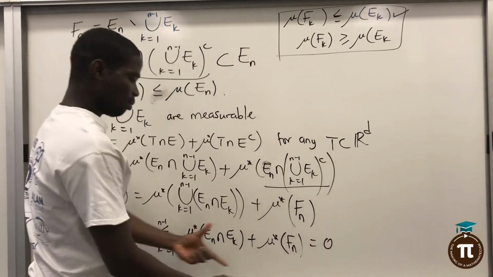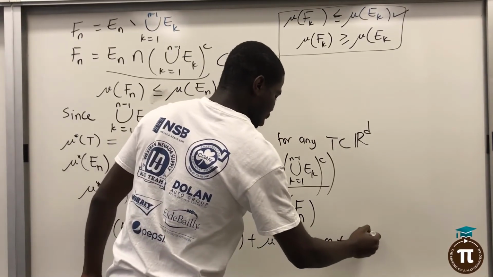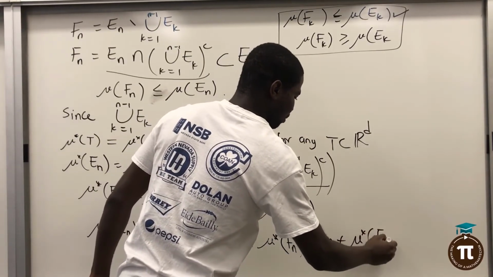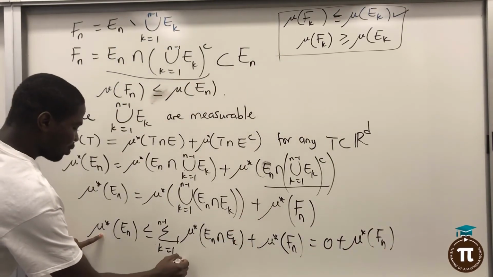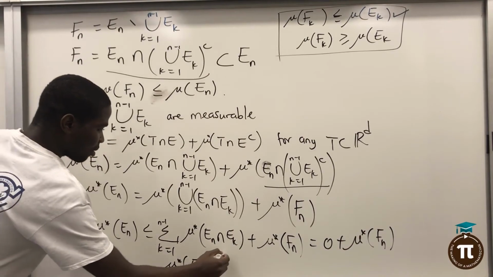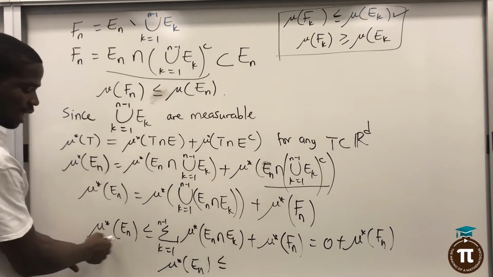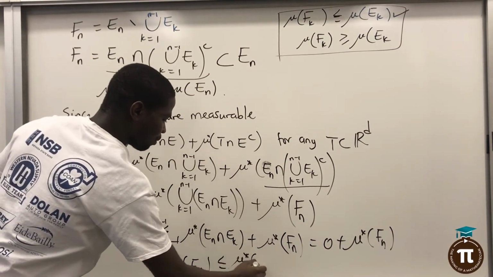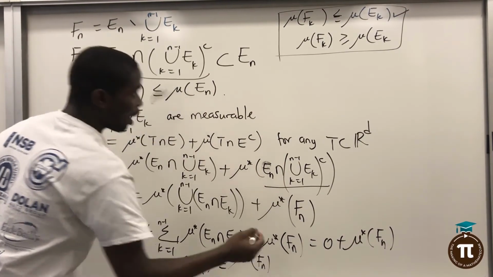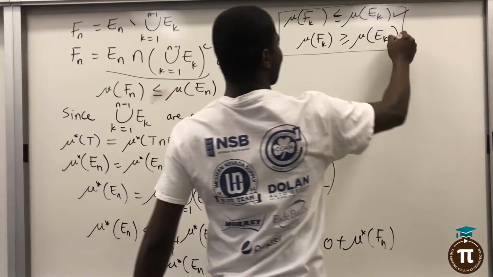So this will be 0 plus the outer measure of F_n. And what have I done? I have proved that the outer measure of E_n is less or equal to the outer measure of F_n. And we are done. So this is the other inequality we have proved.